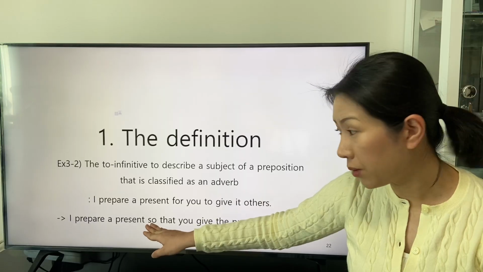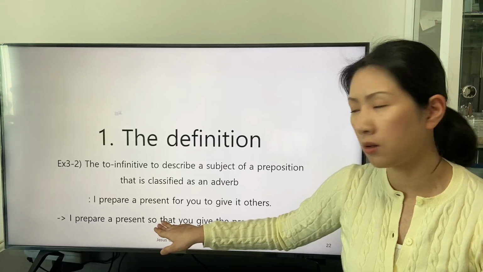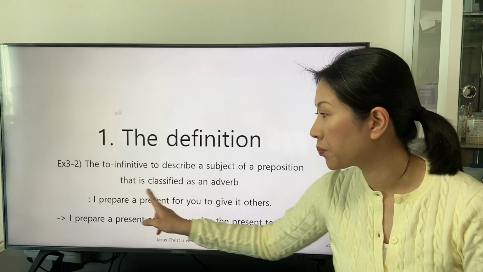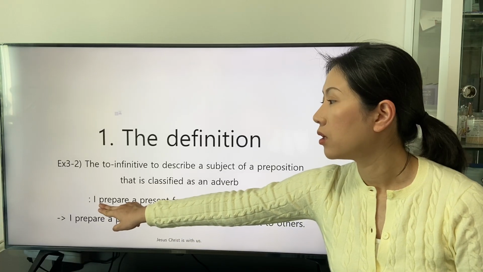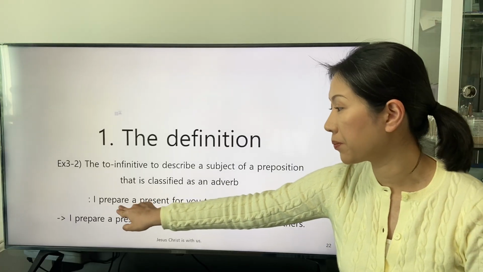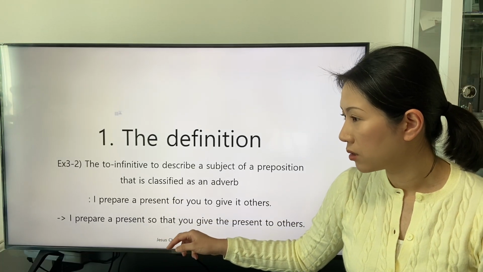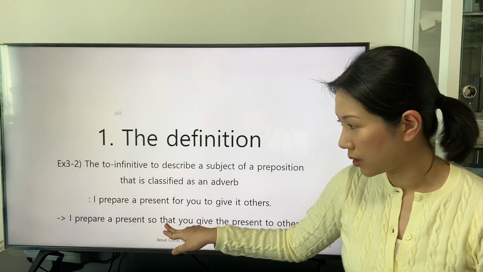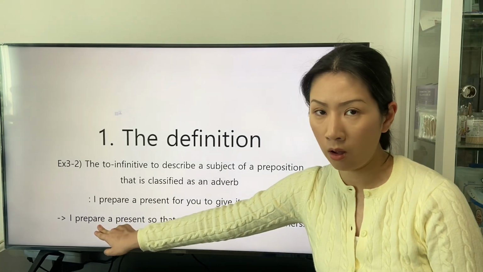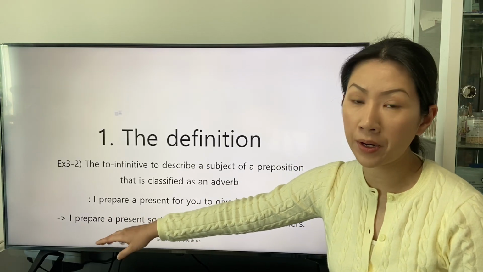The preposition for describes the purpose of the definition of the transitive verb prepare. So we can understand that the conjunctive adverb so that describes the purpose of the action described by the transitive verb prepare in the same way.